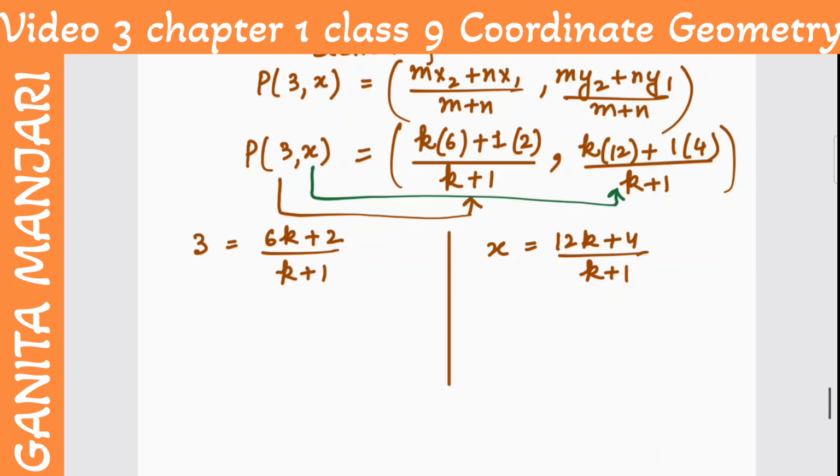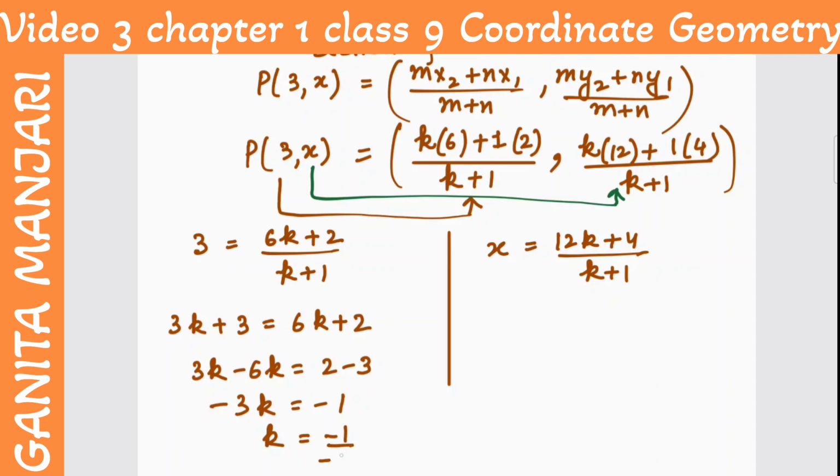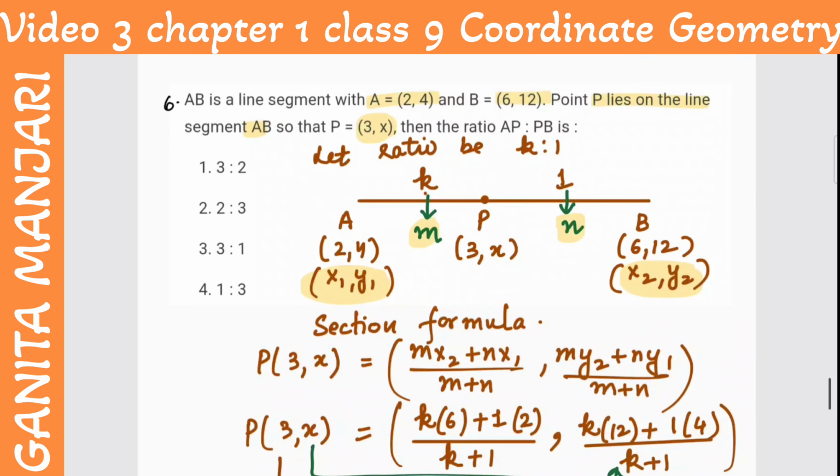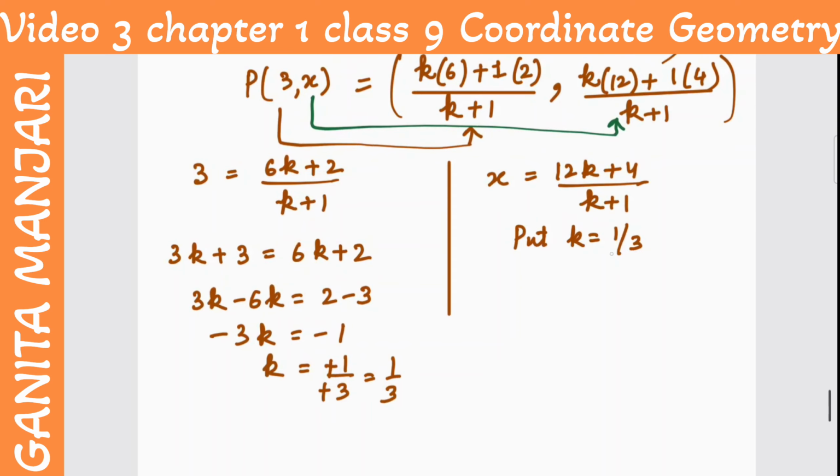Now 3k minus 6k is equal to 2 minus 3. So minus 3k is equal to minus 1. So k is equal to minus 1 upon minus 3. Negatives get cancelled, 1 by 3. Now put k equals 1 by 3. Now we have to find out the value of the ratio only. So the ratio is 1 is to 3.